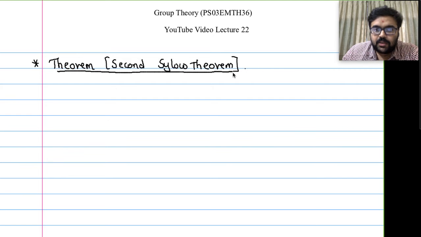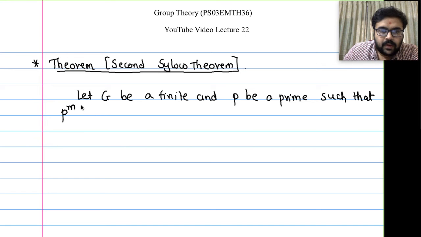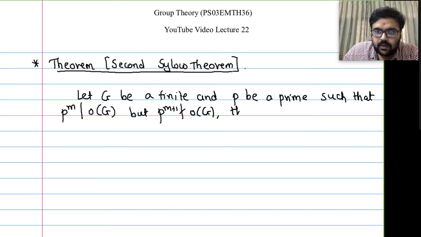So the statement is: let G be a finite group and p be a prime such that p power m divides the order of G, but p power m plus 1 does not divide the order of G, for some integer m.